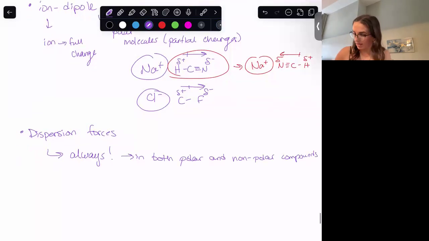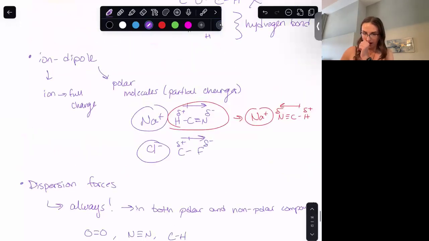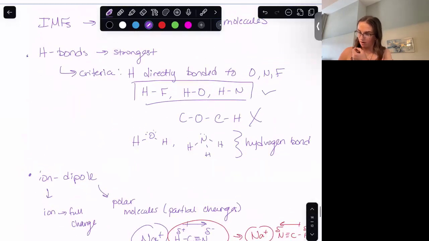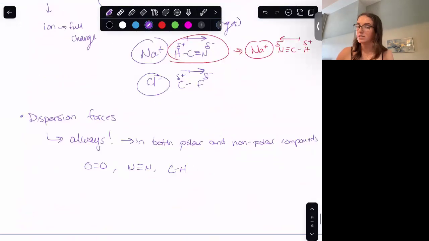So something like oxygen, or nitrogen, or CH, all of those would be non-polar and they would have dispersion forces. But water or ammonia would also have dispersion forces, even though they also have hydrogen bonds.